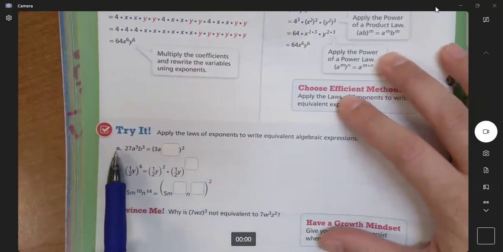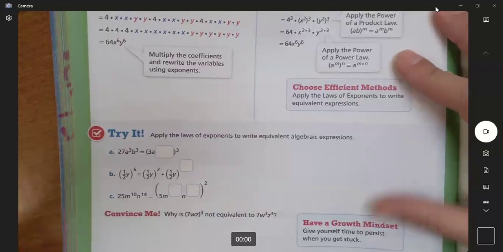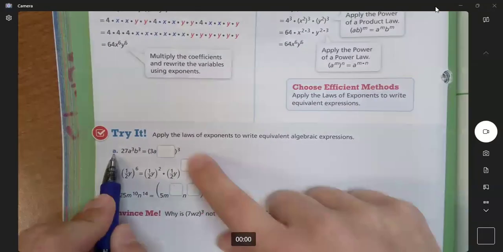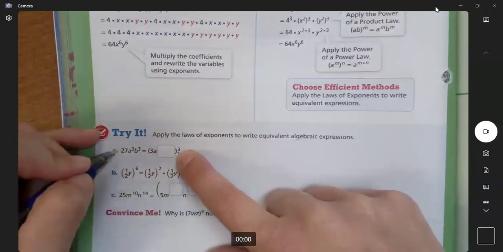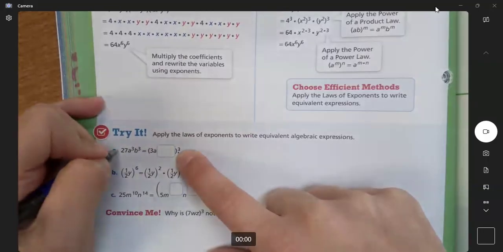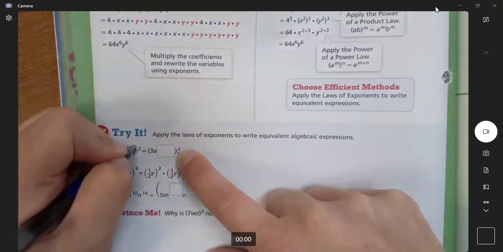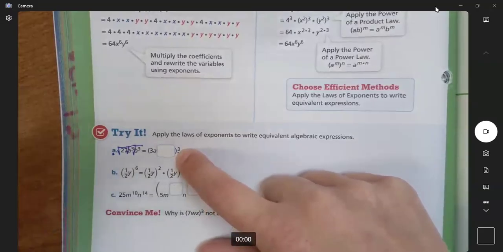So, for example, with A, bottom of 92, by the way. When we're looking at A, it wants us to take the third power away. So essentially cube root everything here. We would take the cube root of 27, the cube root of a cubed, and the cube root of b cubed.